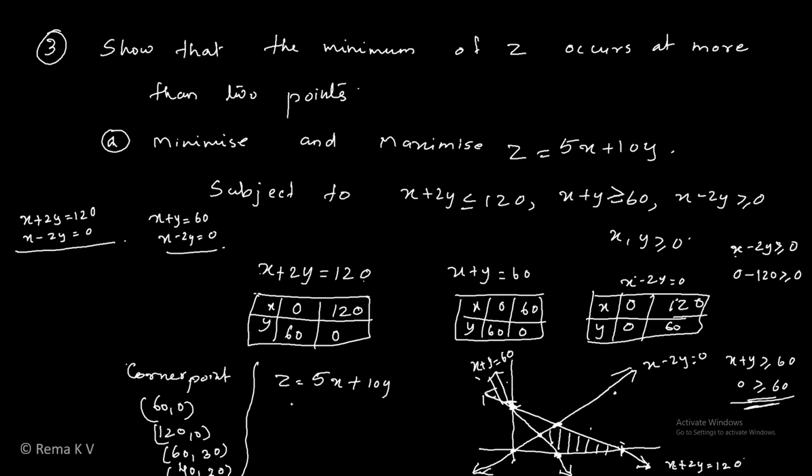Okay, the first one is 300. Then what about the second? 600. Okay. Third one.